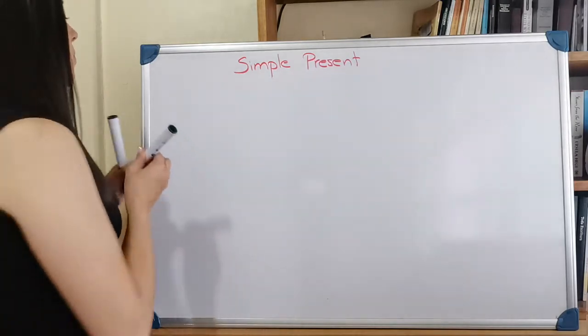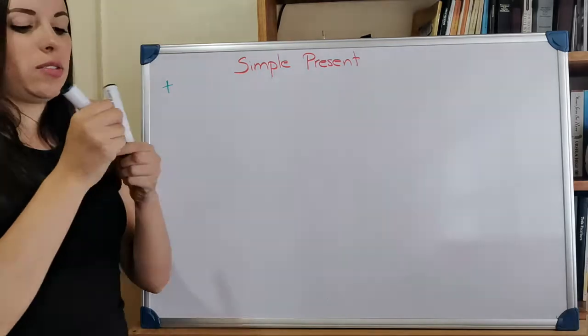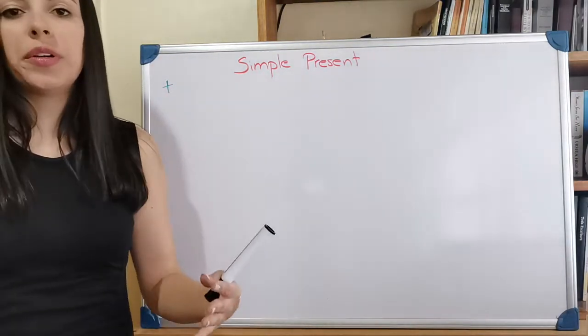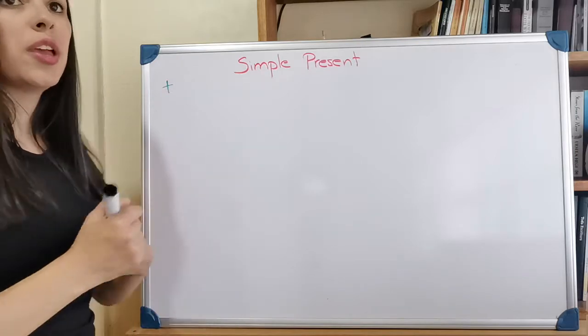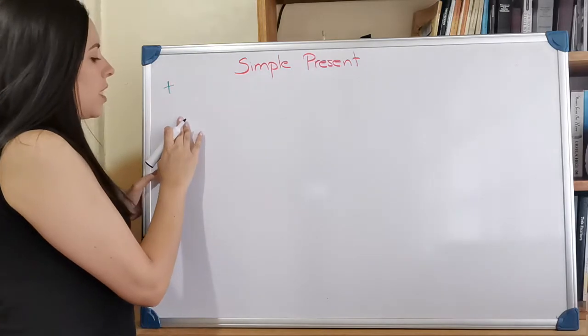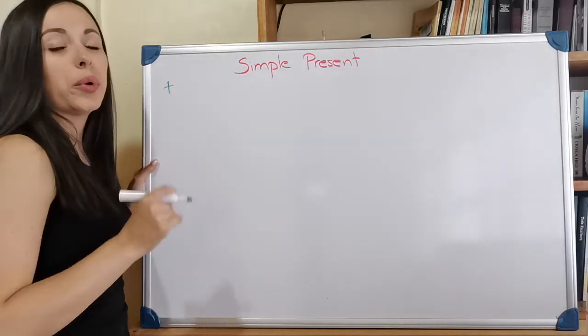Okay, so we're going to start with affirmative sentences, okay? Affirmative and negative sentences, only sentences. And then we're going to see how to create questions. But by now, sentences.